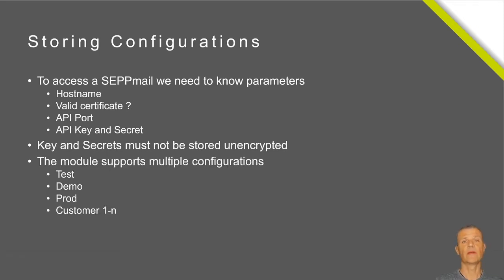And the nice thing about that is that this architecture supports multiple configurations. So let's say you have a demo, a test, and a production environment. You can easily switch between those, so you can develop your script in your test environment and then just switch the configuration and run it in production.